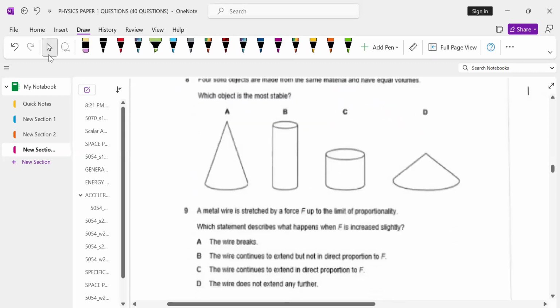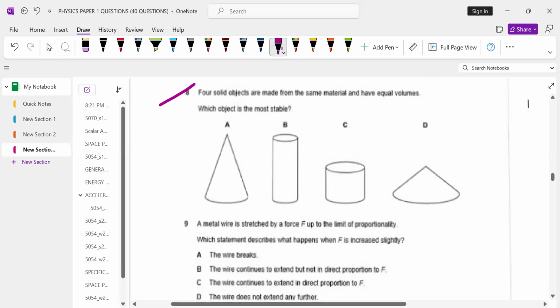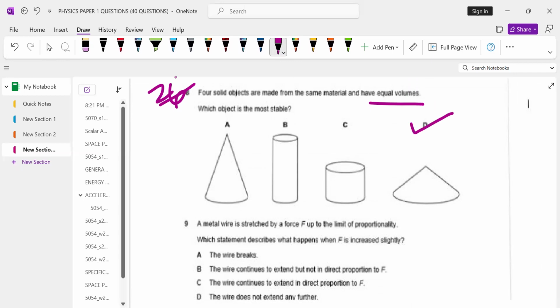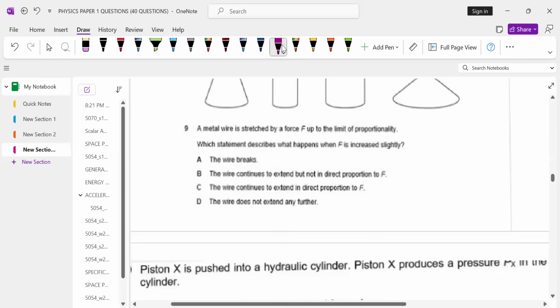Question number 26 says 4 objects are made from the same material and have the same volume. The volume is the same, made up of the same material. Which object is most stable? The object with more base area is the most stable. So option D is correct. Question number 27.